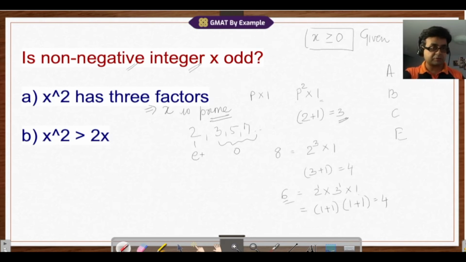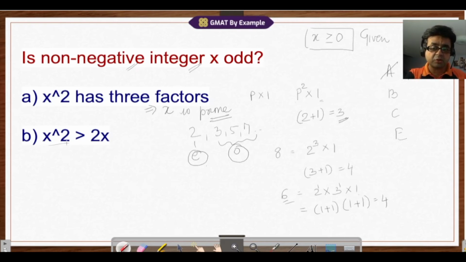Since sometimes the answer to the question is no, x is not odd, it's even, and sometimes it is yes, because for 3, 5, 7, x is odd. This statement A is insufficient to answer this question. So we cross out A or D as the answer choices because A in itself is not sufficient to answer the question. Now let's look at B.